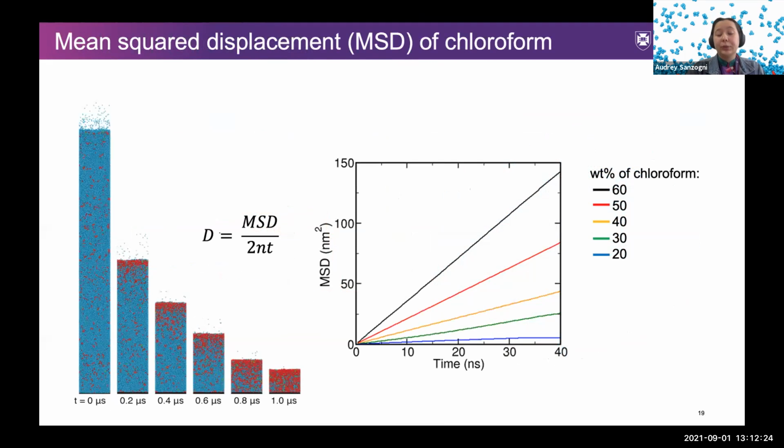In order to see how long this might take to escape, we measured the mean square displacement over time, which is proportional to the diffusion of the chloroform through the thin film. We did this at different weight percent of chloroform in the system. As you can see here, as the weight percent of chloroform decreases, the diffusion of chloroform through the system decreases quite dramatically.